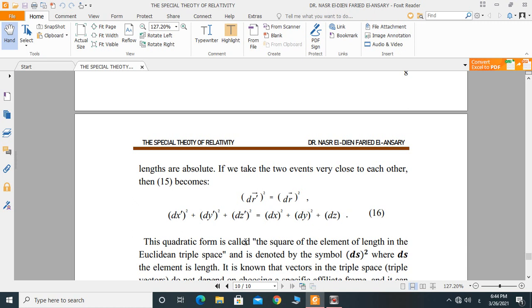This form is called the square of the element of length in the Euclidean triple space, and is denoted by the symbol ds square, where ds is the element length.